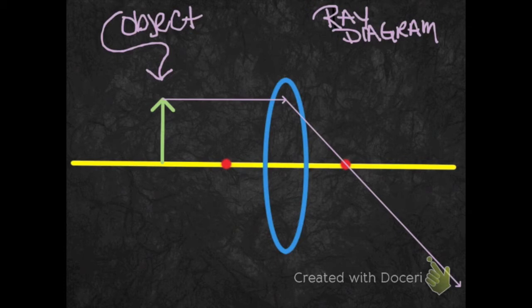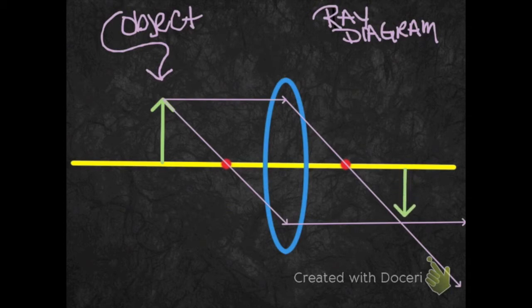For our second line, we take a line from the top of the object through the focal point on this side of the lens, and then straight from the lens over, parallel. Where these 2 lines meet is where the image ends up.